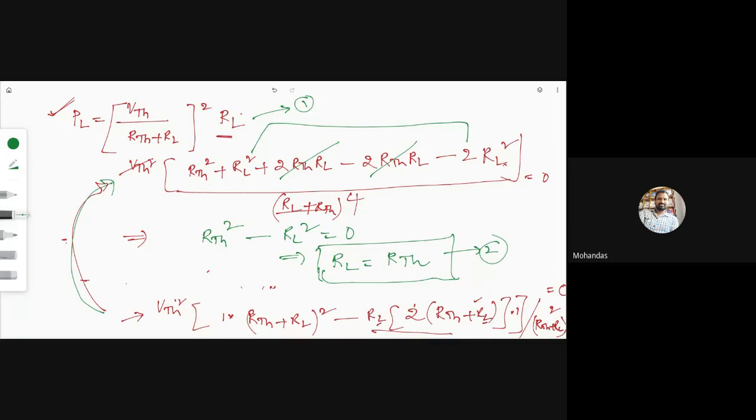So equation 2 is the condition for maximum power transfer from source to load: RL equal to R Thevenin. All of you note down it.